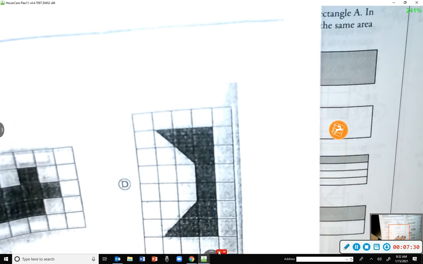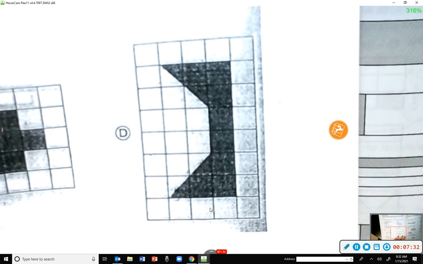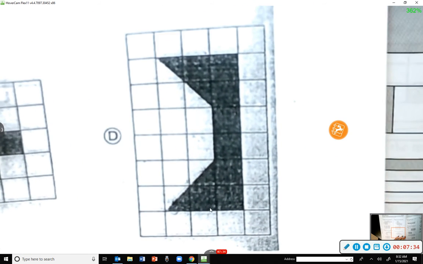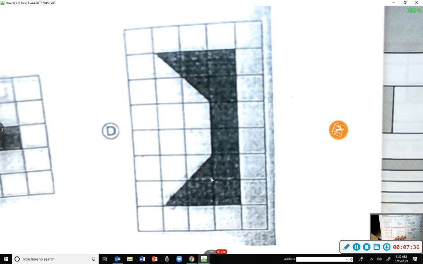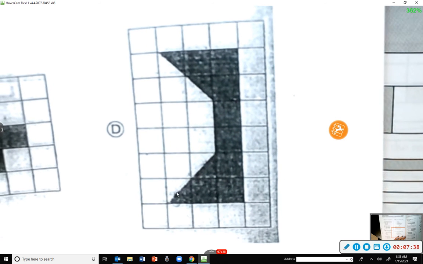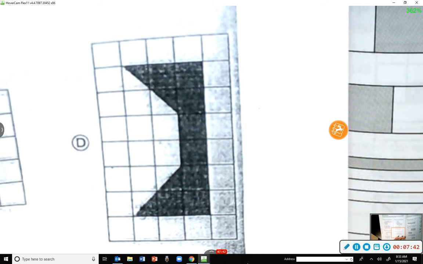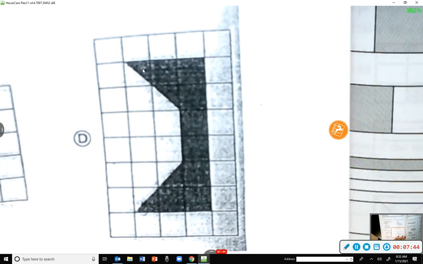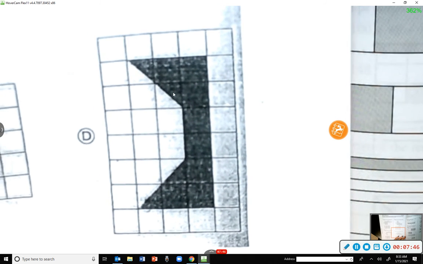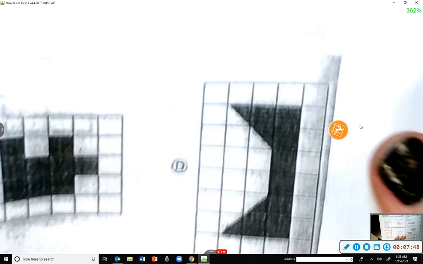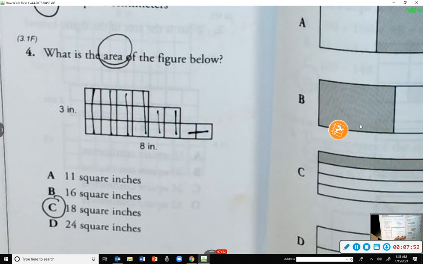So what do I do with those? You put them together. Good, because this triangle plus this triangle right here is going to equal one whole. So you would count this as 1, 2 of them put together. It could be the greatest area. Good.